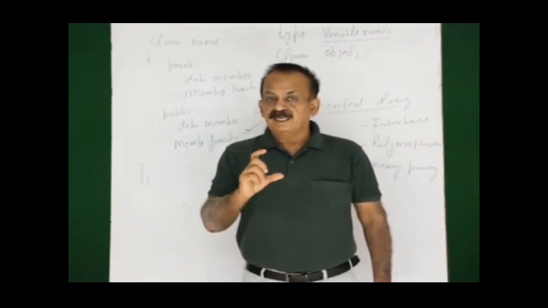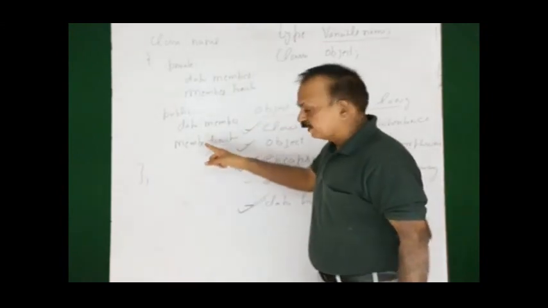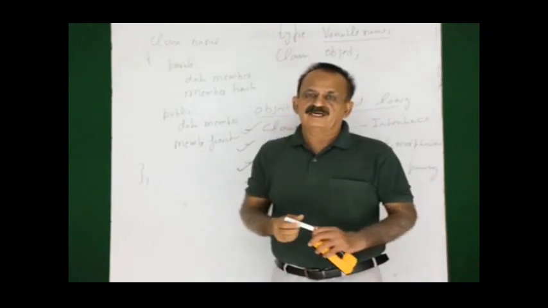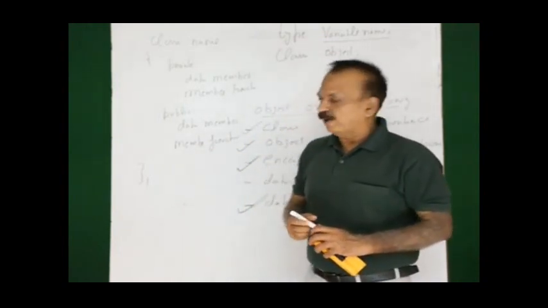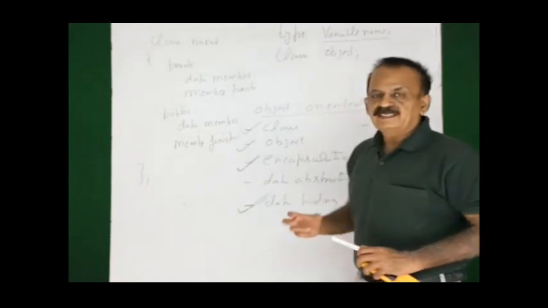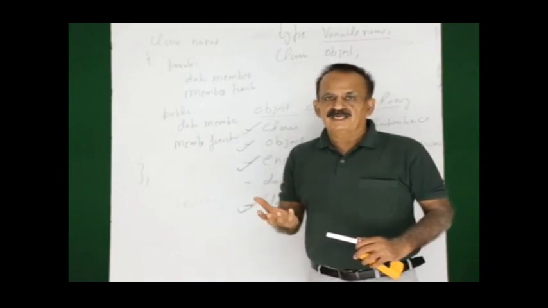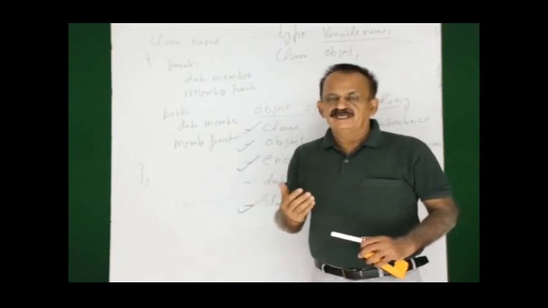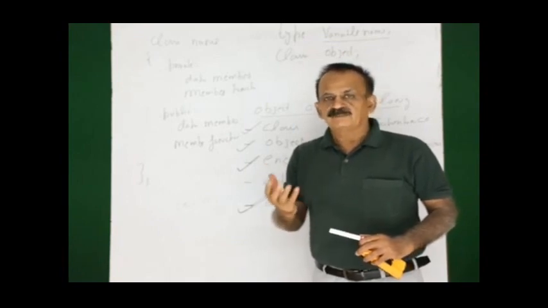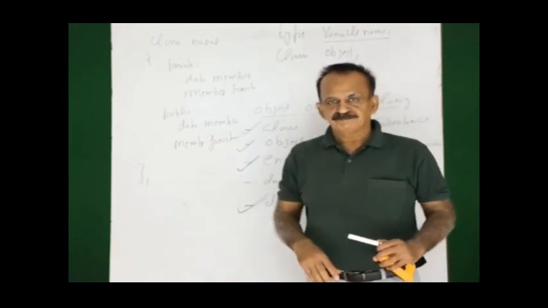That means there is an authenticated way of accessing the data. The data can be accessed only through the public members. So authentication of data access increases by this particular feature, and the feature is data hiding. Making certain parts of the class, mostly data, not directly accessible to the user is known as data hiding.